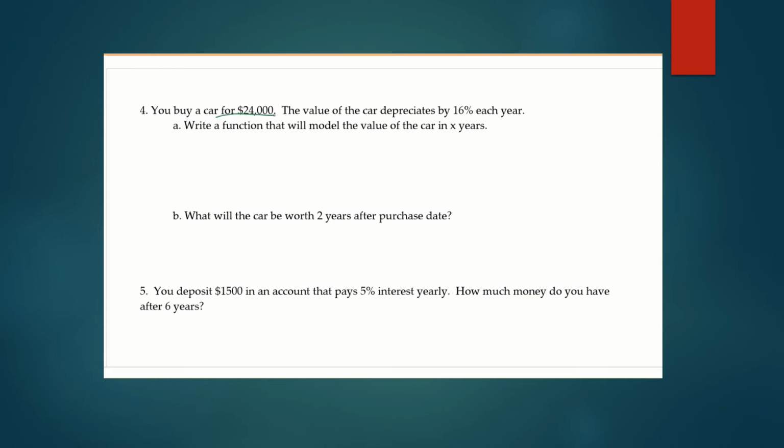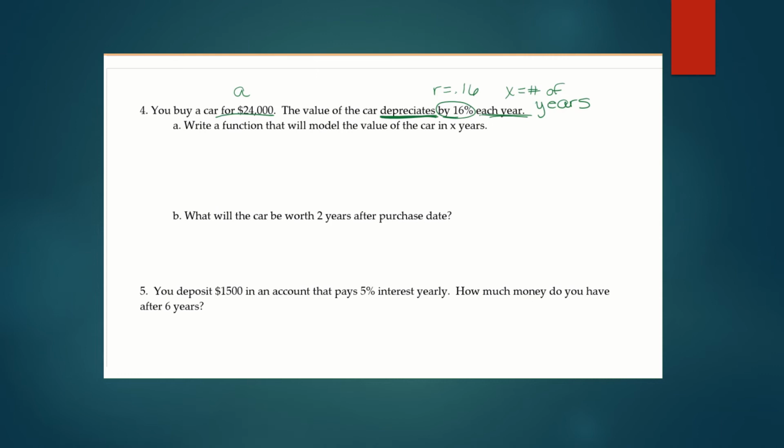All right, here's our A, here's our R. Depreciates means it's a decay factor each year. That's our time. So just for the sake of time here for you guys, A, R equals 0.16, and X equals number of years. So I won't write it on the side, I'll just go ahead and write the function right away. So write a function that will model the value of the car in X years.